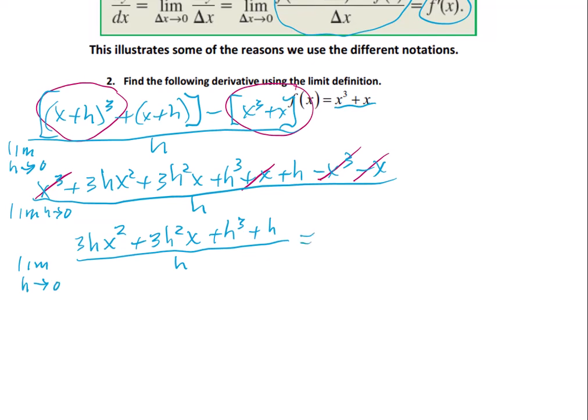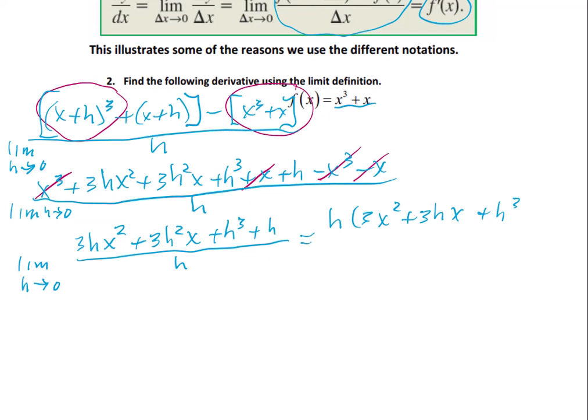Okay, stay with me. I can pull an h out of all those terms on top. So I can say h, and that leaves me 3x squared plus 3hx plus h cubed.